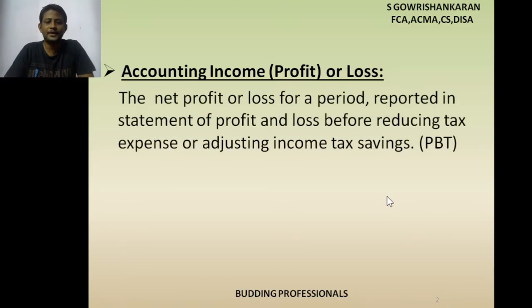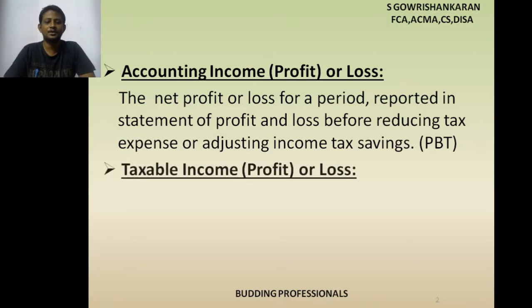This is the net profit or loss for a period reported in the statement of P&L before reducing tax expenses or adjusting income tax savings. So before provision for taxation, it is profit before tax, prepared as per generally accepted accounting principles. Okay, accounting income. Following the GAAP, I prepared this profit before tax.